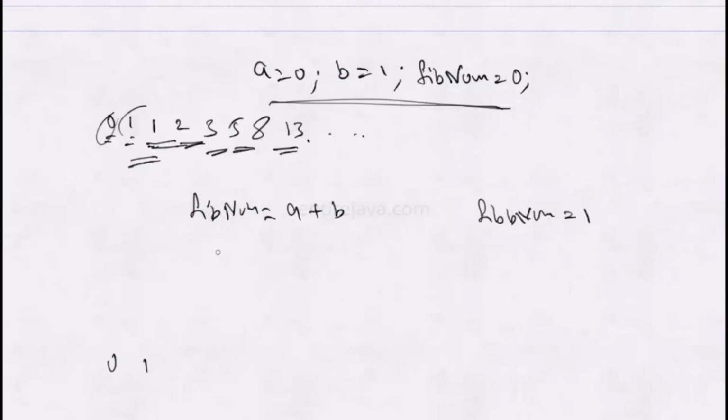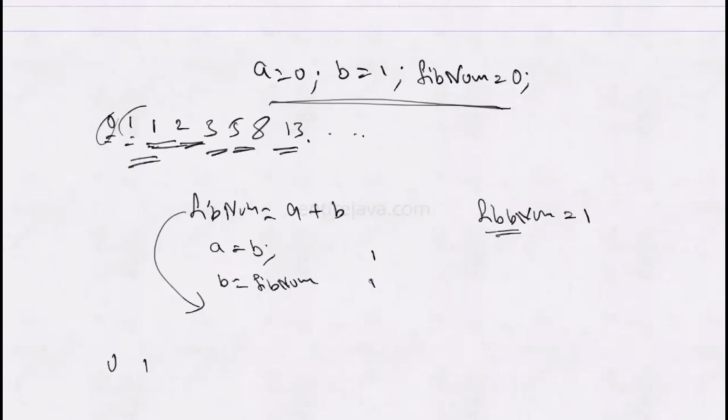I'm going to store the value of b into a, and we're going to store the value of this result into b. And we're going to print this number, fibnum, using system.out.println. Now the values of a and b are updated to 1 and 1.